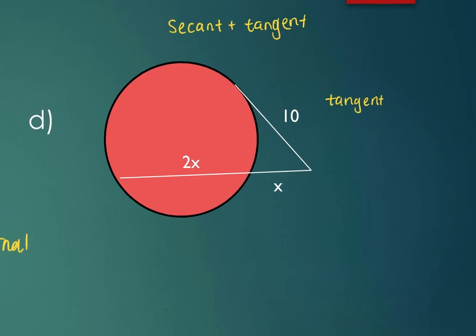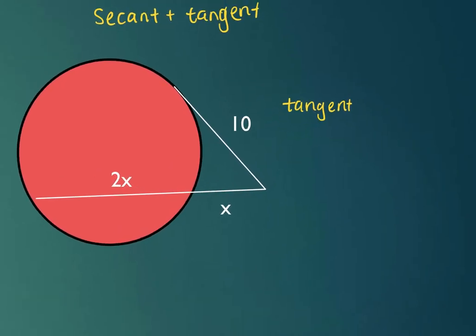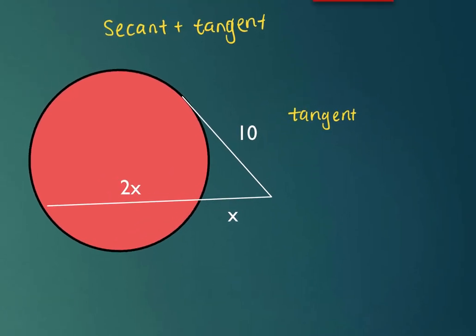What do we multiply the tangent by? Yep. So what's the whole thing for this 10? It's just 10, right? What's the external part? It's also 10. Do you see how the whole and the external for a tangent is going to be the same? So this tangent just gets squared because we multiply it by itself.